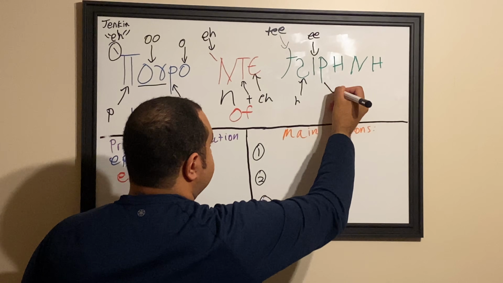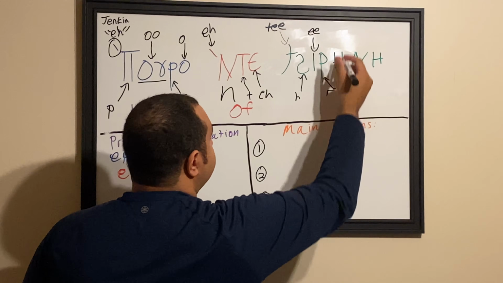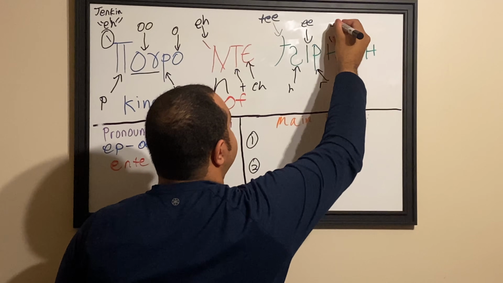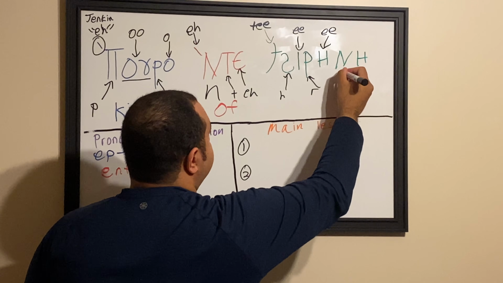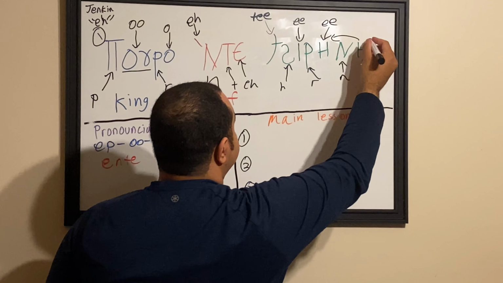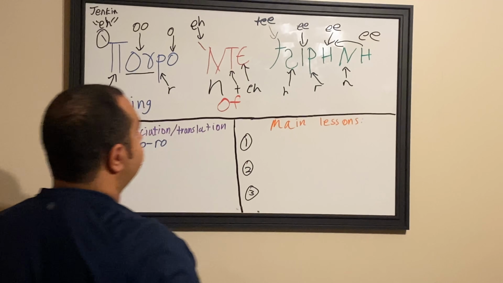And then we saw this letter already, R. The H, again, makes a double E sound, and then we saw the N before, and then this is the same as this, EE.